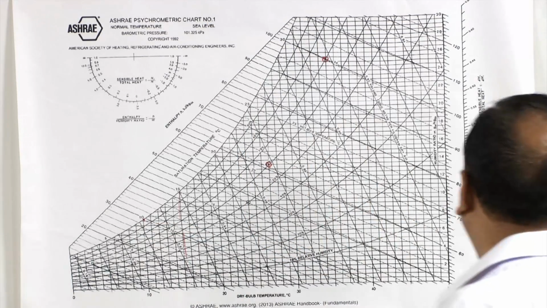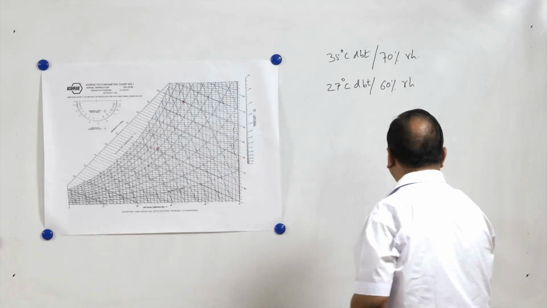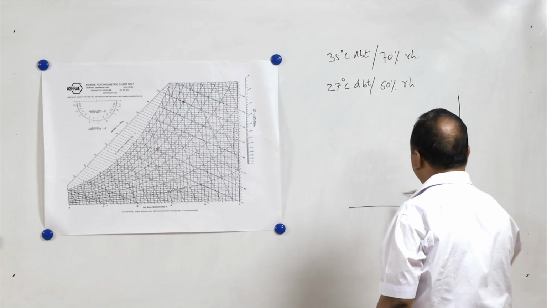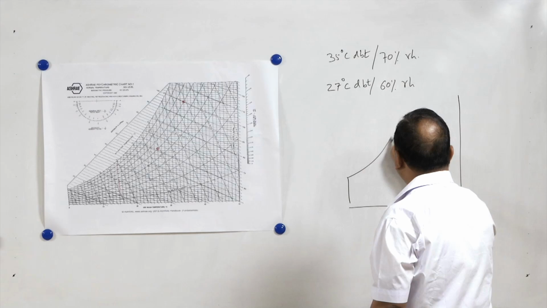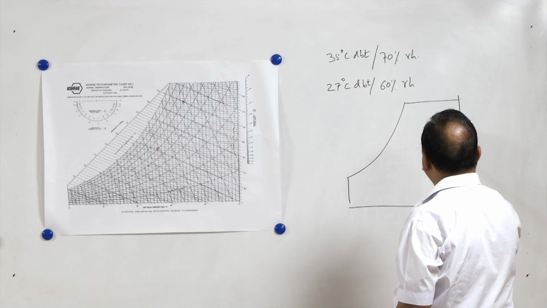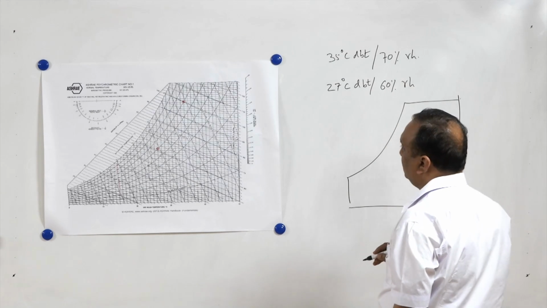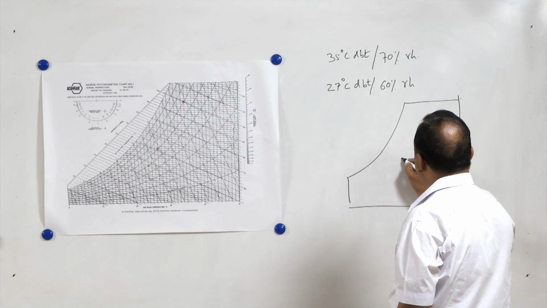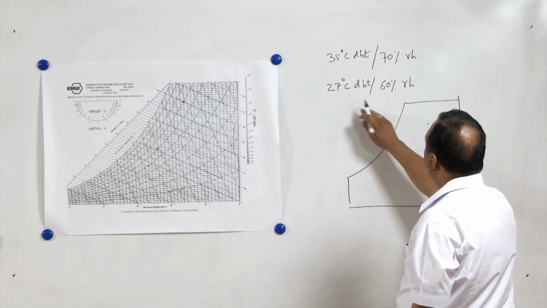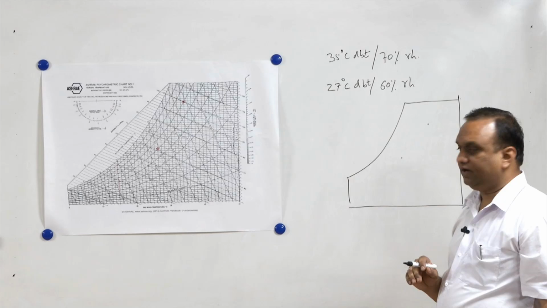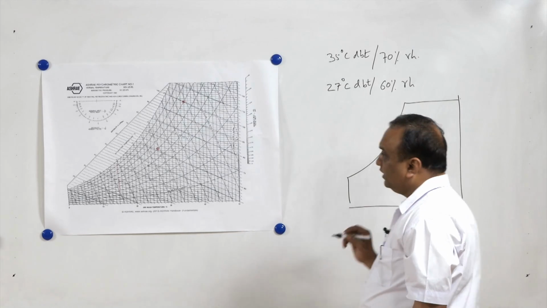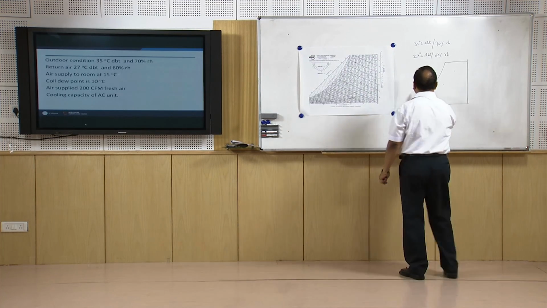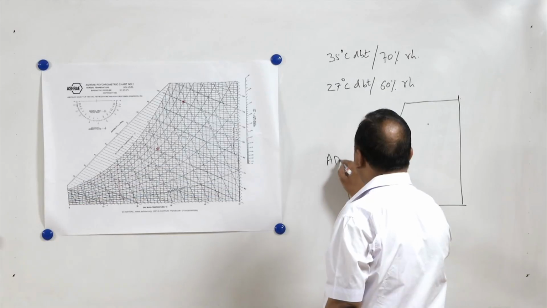So I will draw this diagram on the board also. Now this is outdoor condition, 35 degrees centigrade, 70% RH. This is inside condition, 27 degrees centigrade dry bulb temperature and 60% relative humidity. Apparatus dew point temperature or coil dew temperature, it is also known as ADP.